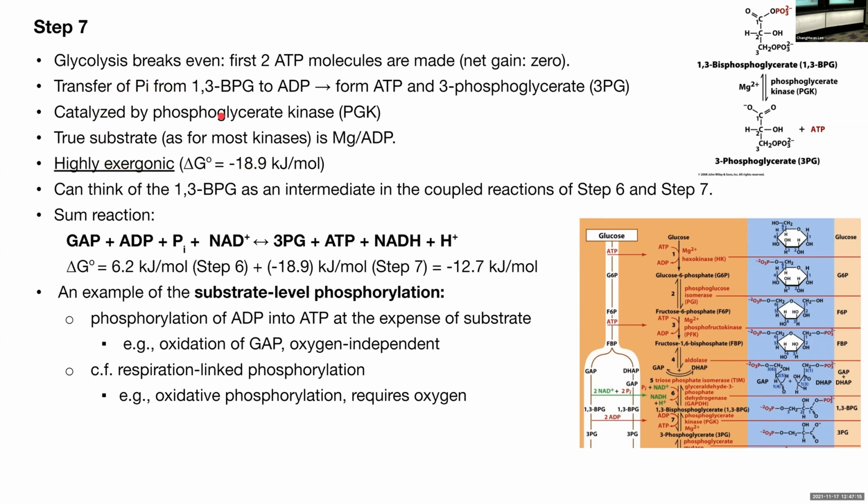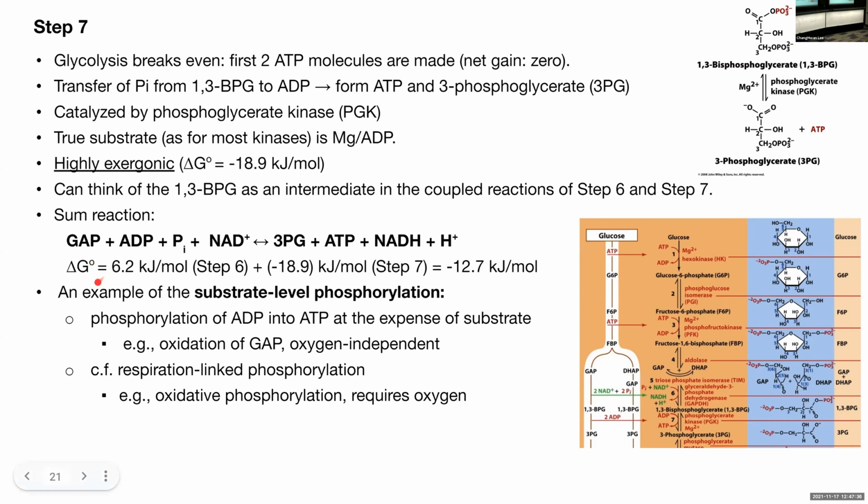So this step 7 is the coupled reaction for that. And the sum reaction here is that GAP and ADP get converted to 3-phosphoglycerate and an ATP molecule, with the involvement of the coenzyme NAD plus in step 6.